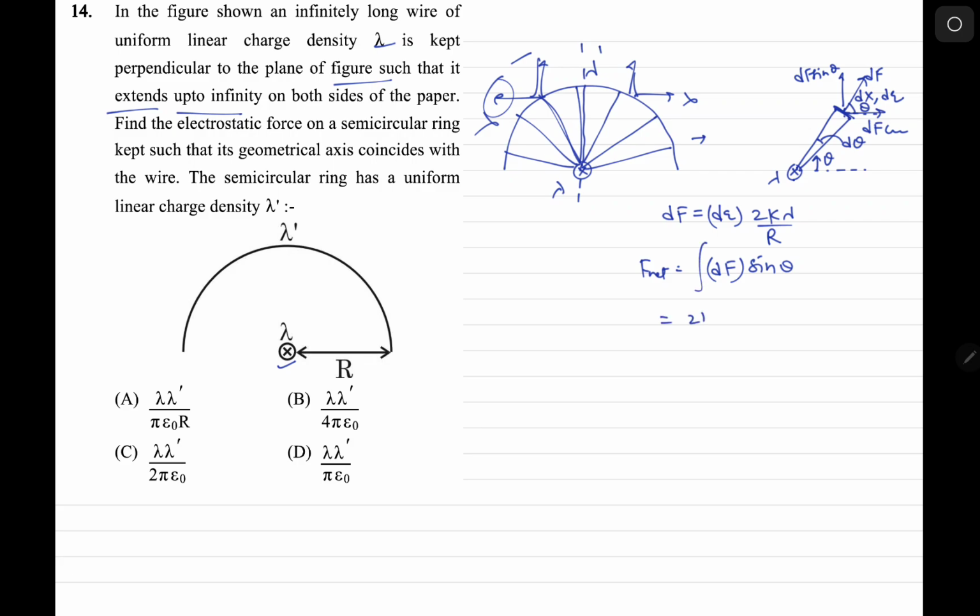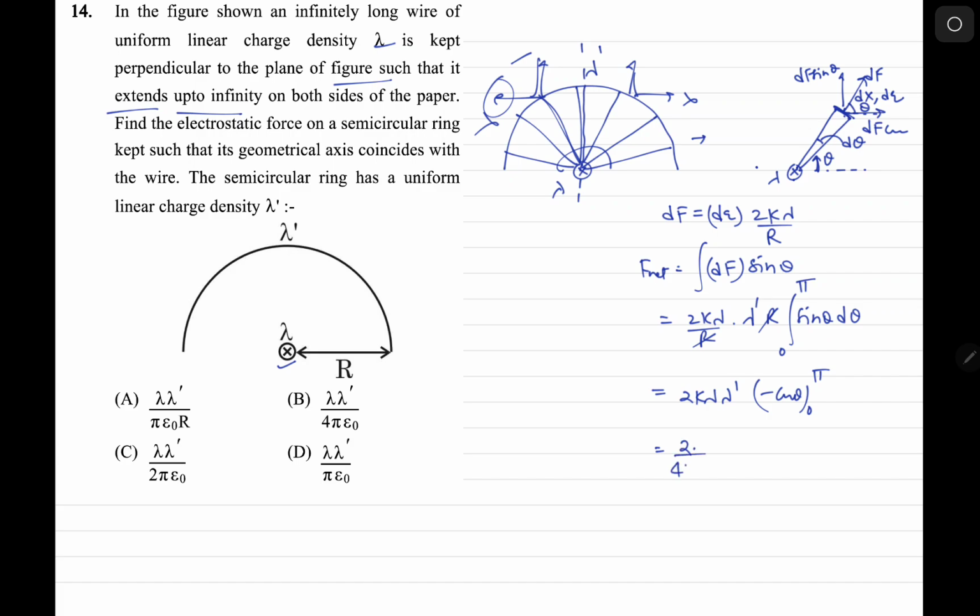Now we integrate: 2k lambda by r, into dq, which is lambda dash into dx, which is r d theta, times sin theta d theta. The r cancels, leaving 2k lambda lambda dash. The limit of theta is from 0 to pi. Minus cos theta integrated from 0 to pi.